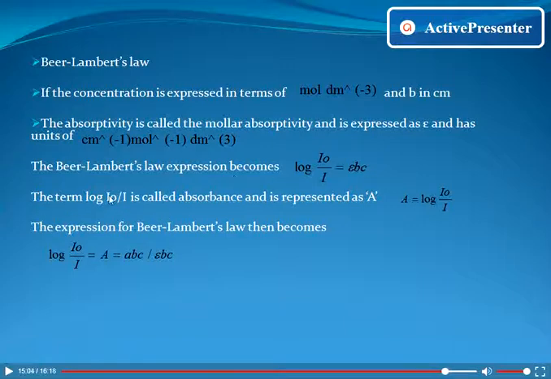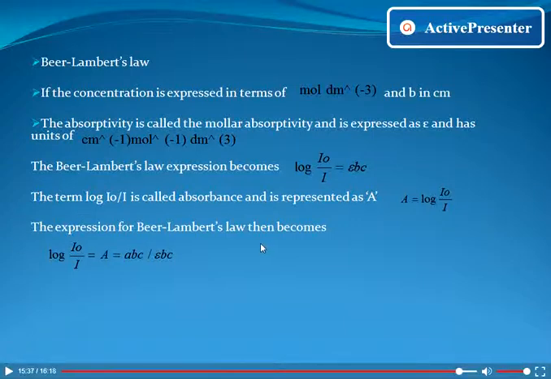The term log I naught divided by I is called absorbance and is represented as A. So instead of writing log, we can put A here, and we proceed with our calculations.